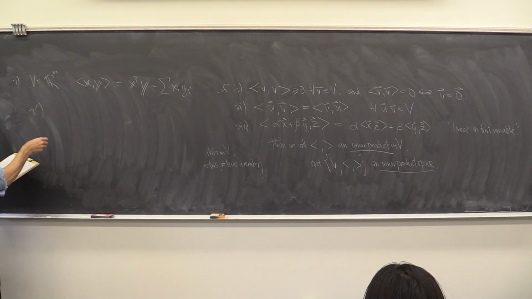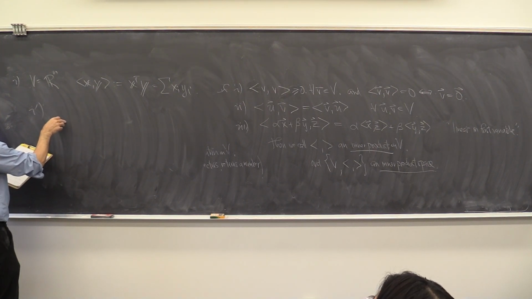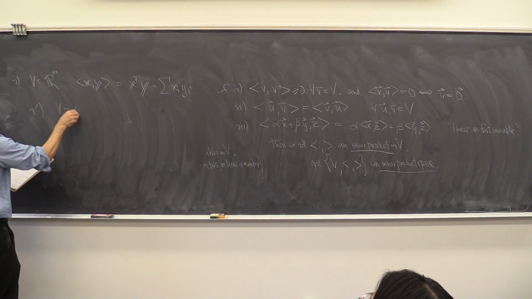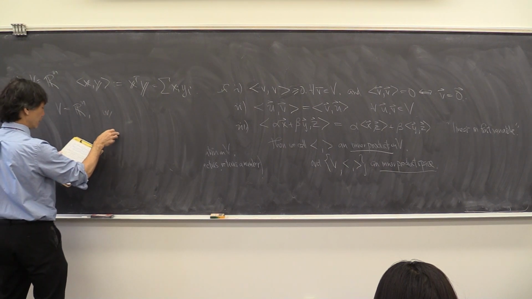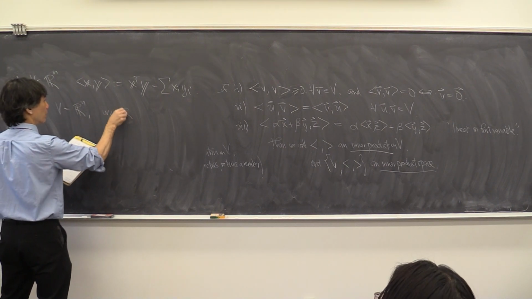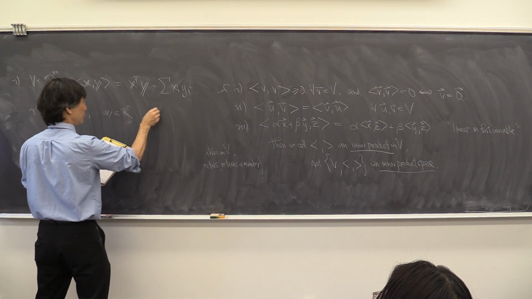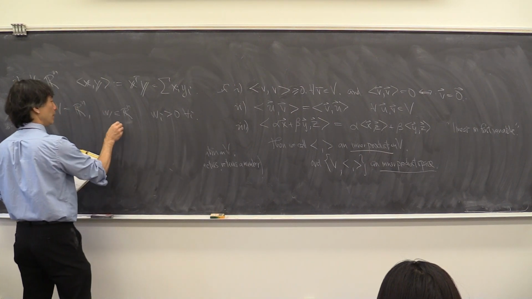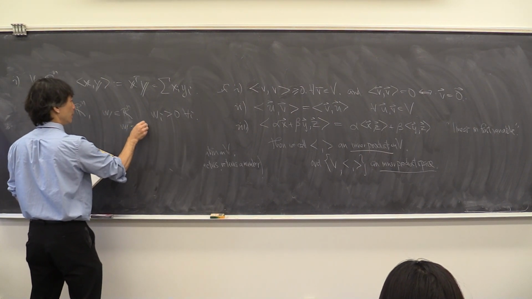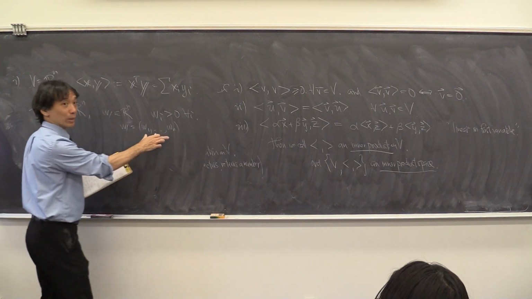A variant of it is if you let V be Rn, and you have what we call a weighting vector, where Wi is greater than 0 for all i. So W is some vector, W1 through Wn, but all these things are positive numbers.